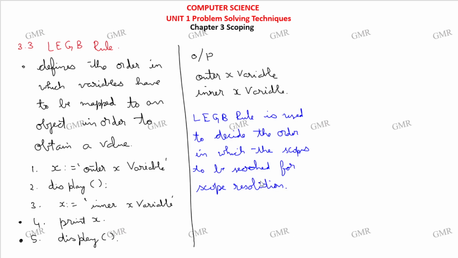The scopes are listed below in terms of hierarchy, that is highest to lowest. You can see which scope has the highest value and which scope has the lowest value.